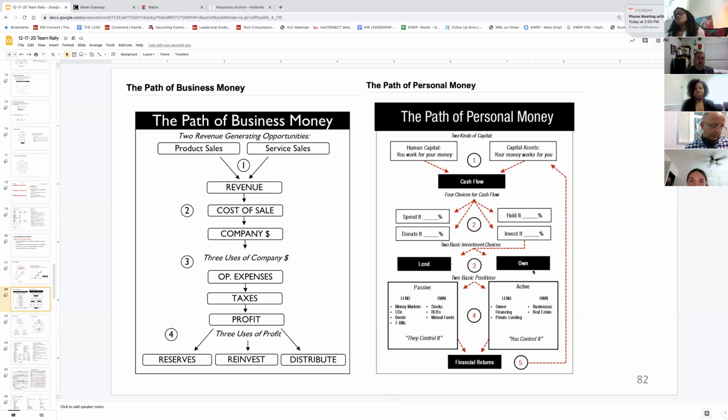But there are 2 positions in this: passive or active. Passive is money markets, CDs, bonds, or treasury bills. Or you could own it, which is stocks, REITs, or mutual funds. Either way, somebody else controls the outcome.